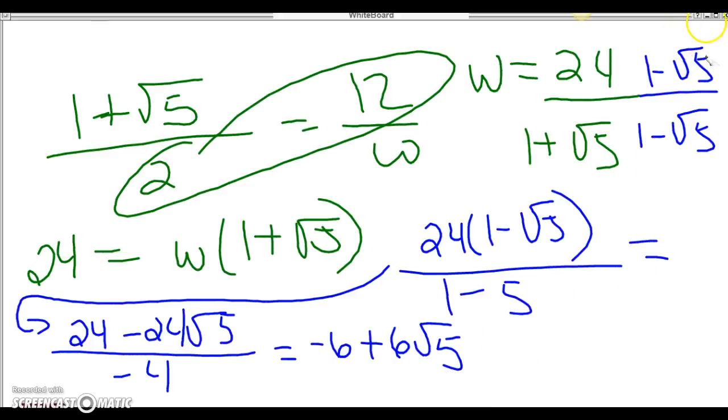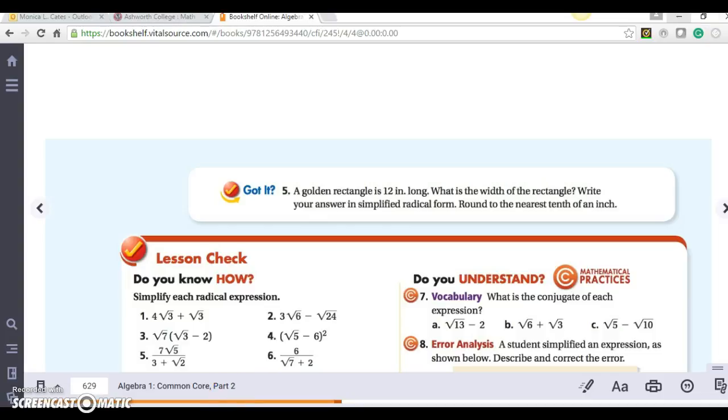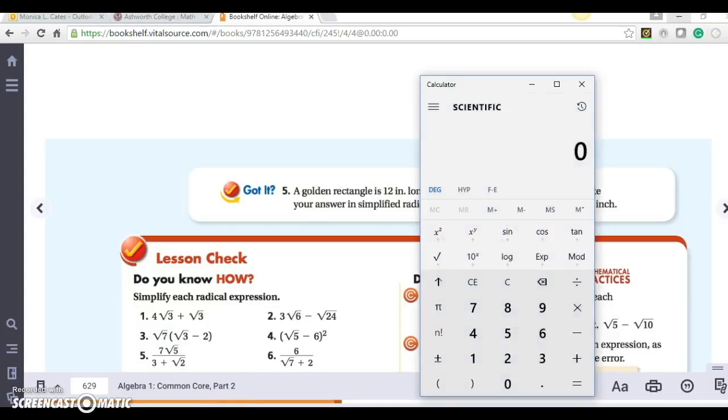Now I have to put that in my calculator. So let's do that. So I have negative 6 plus 6 times root. Oops, I hit that too fast.